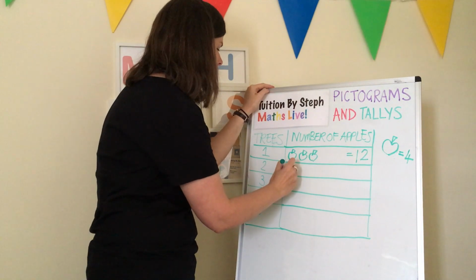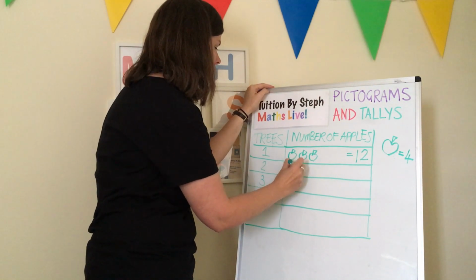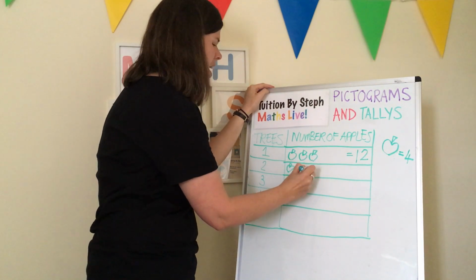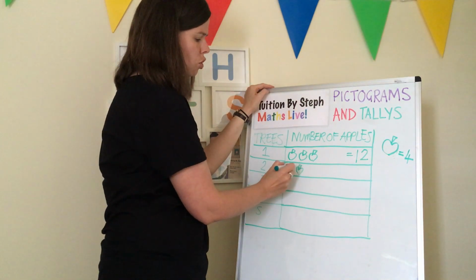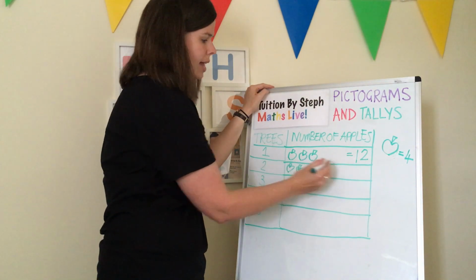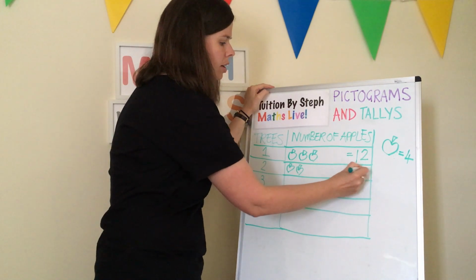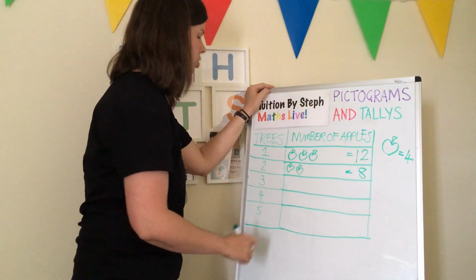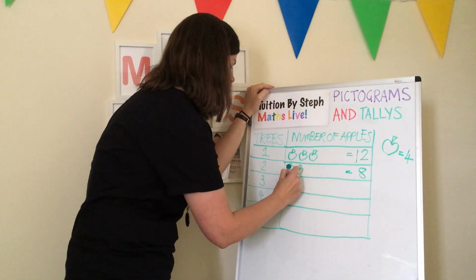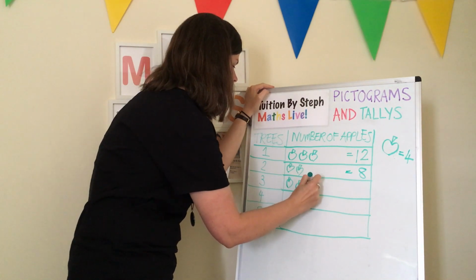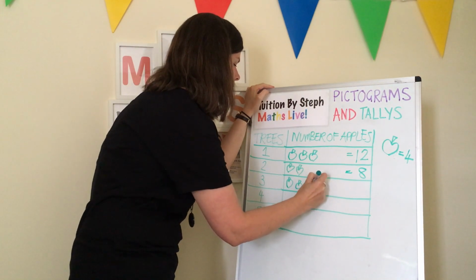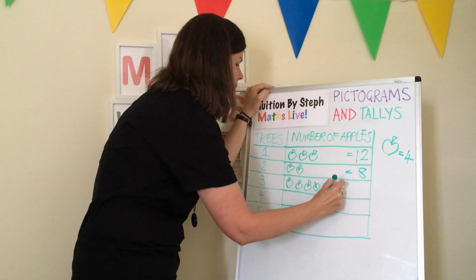On tree 2 didn't have a great time. There was two pictures, that's 4 and 8. So there was 8 apples on tree 2. Now, tree 3 was very, very happy.